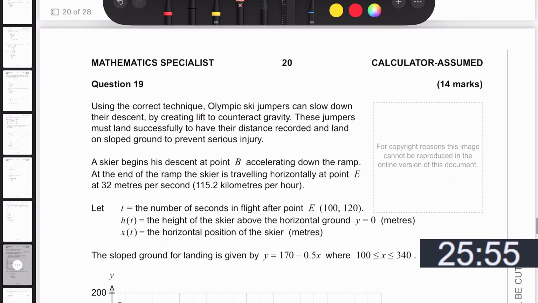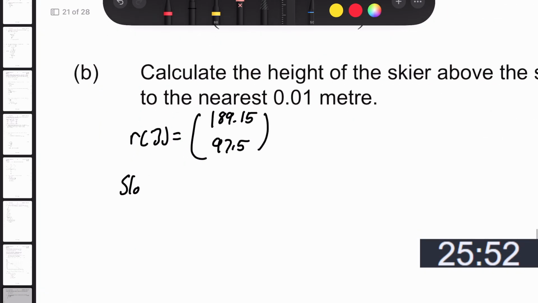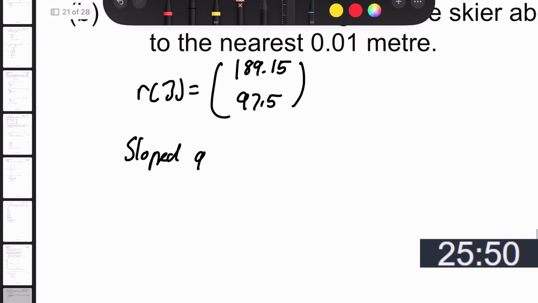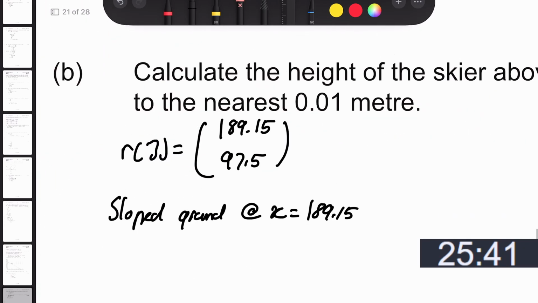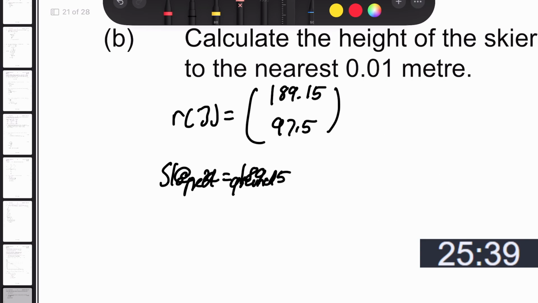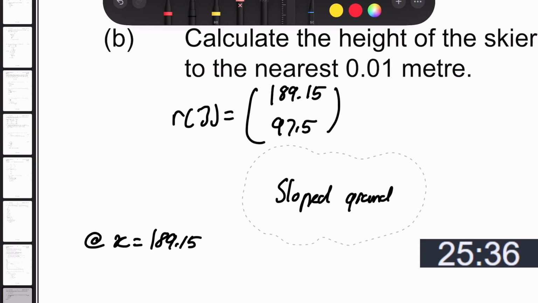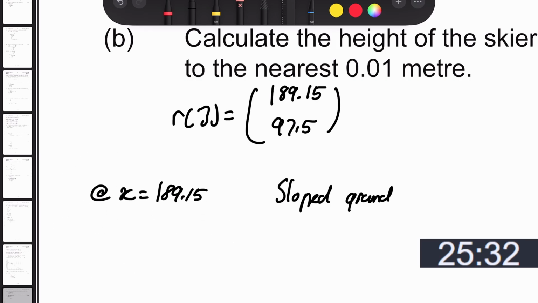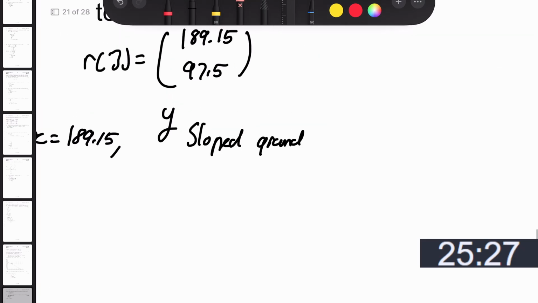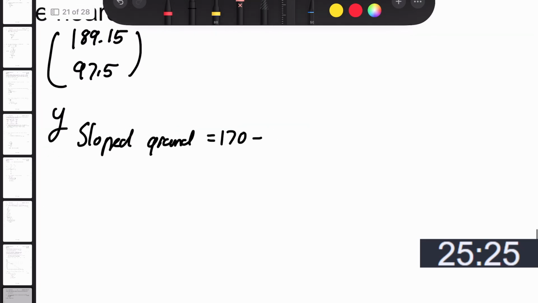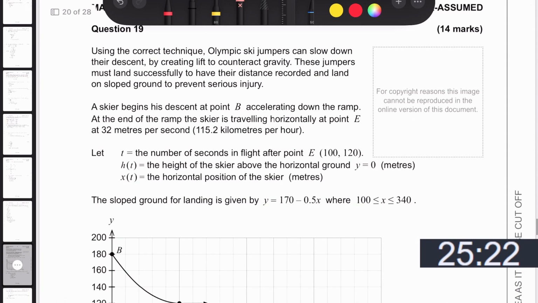So we'll say sloped ground at x equals 189.15. Wait, hold on, at x equals that, y of sloped ground is equal to 170 minus a half of x.